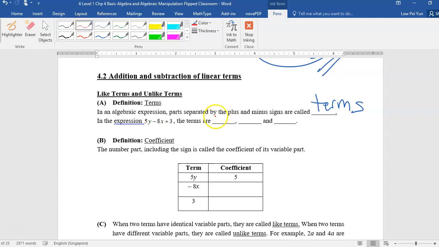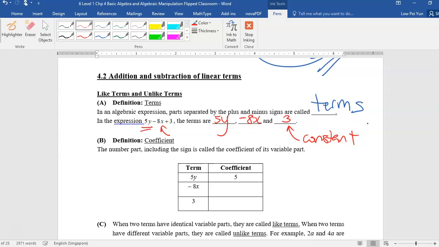Let me write in red to emphasize this. And then you look at the x term, not forgetting the negative sign. This is negative 8x. Very important, the negative sign. And then the last term with no variable, no letter, is called a constant term because it will always be a fixed number, 3. Alright, this is a constant term.